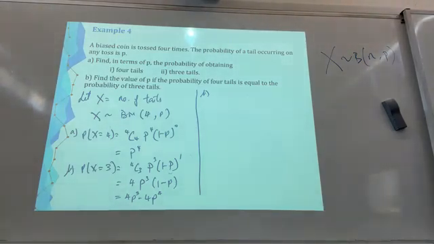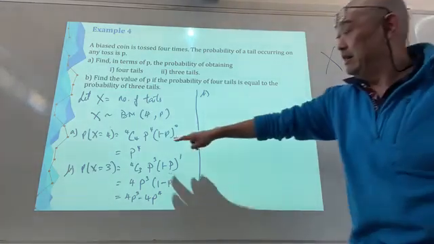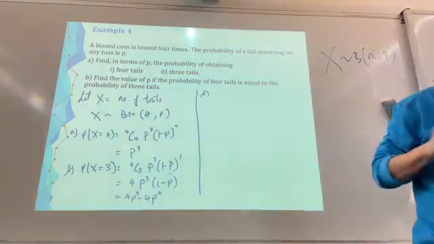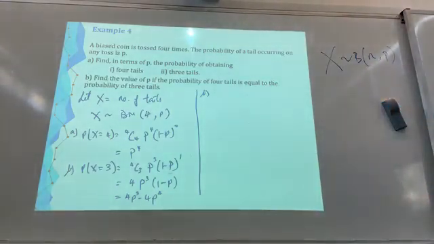So what are you going to do? Equate this: p to the power of 4, and 4p to the power of 3 minus 4p to the power of 4. You've got to equate that. Of course, you know how to solve.